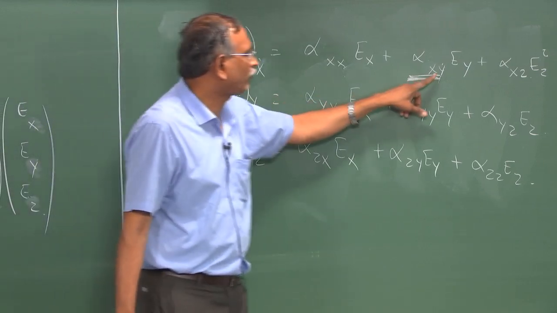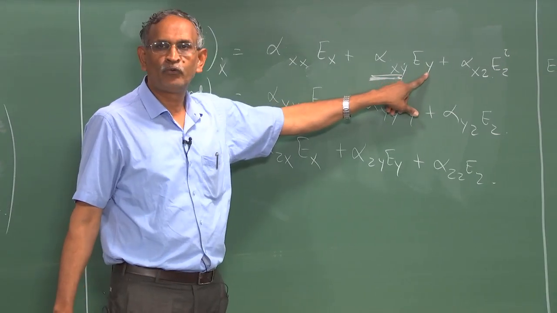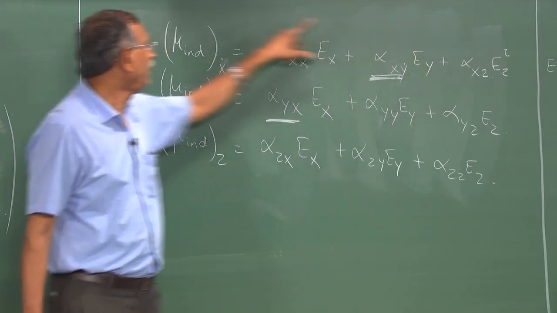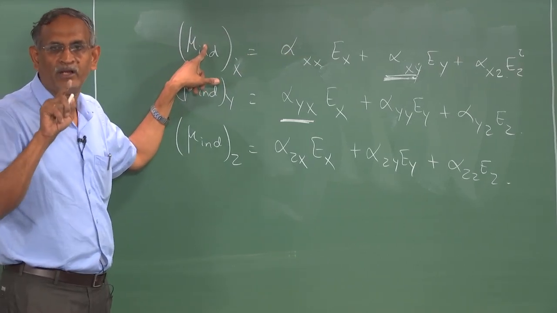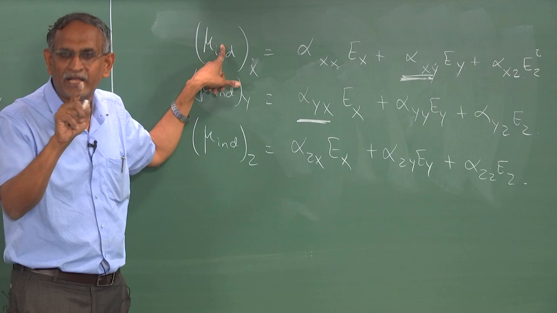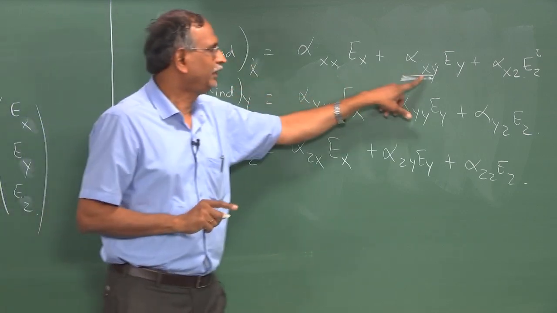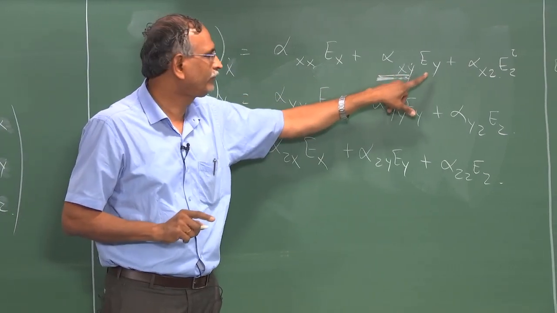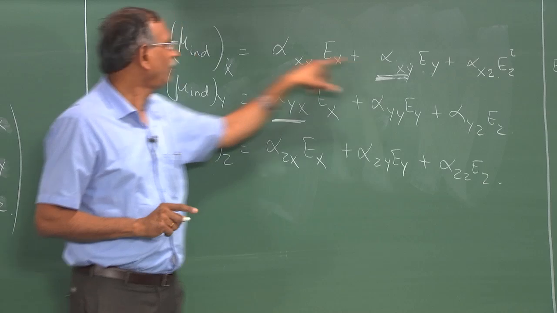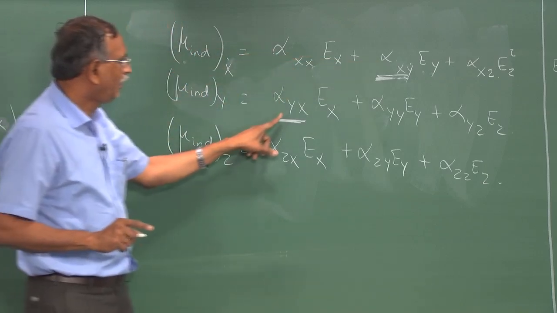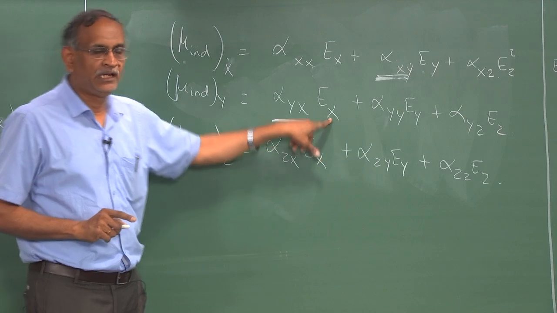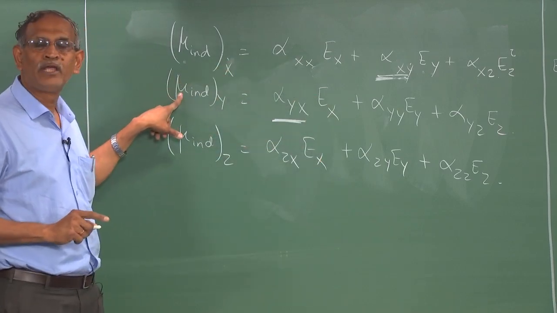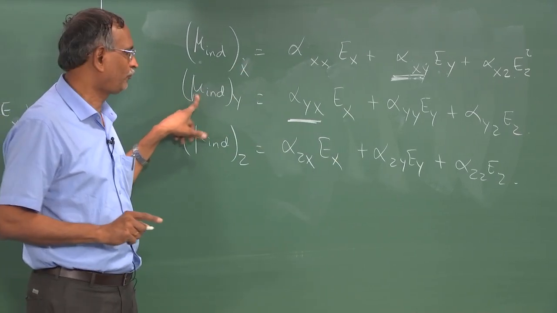You see the xy is a component due to the y component of the electric field inducing a change in the x, that is a mu induced dipole moment, but an x component. xy connects Ey to mu induced x. Yx connects the x component of the electric field leading to a y component of the mu induced.